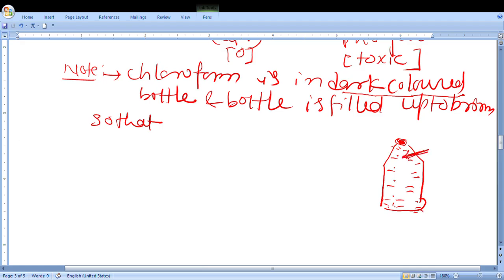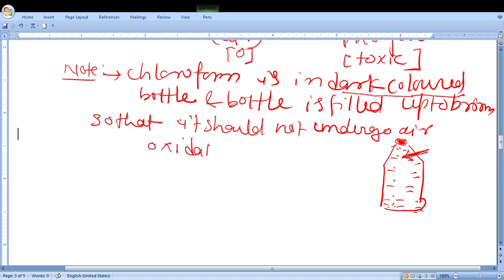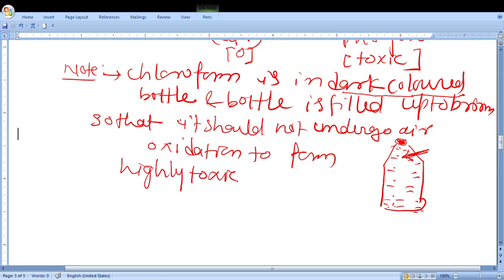If it is completely filled, then no air will be present, and the bottle is dark colored, so sunlight will not reach, so that it should not undergo air oxidation to form highly toxic phosgene gas. This point is very important from the exam point of view.